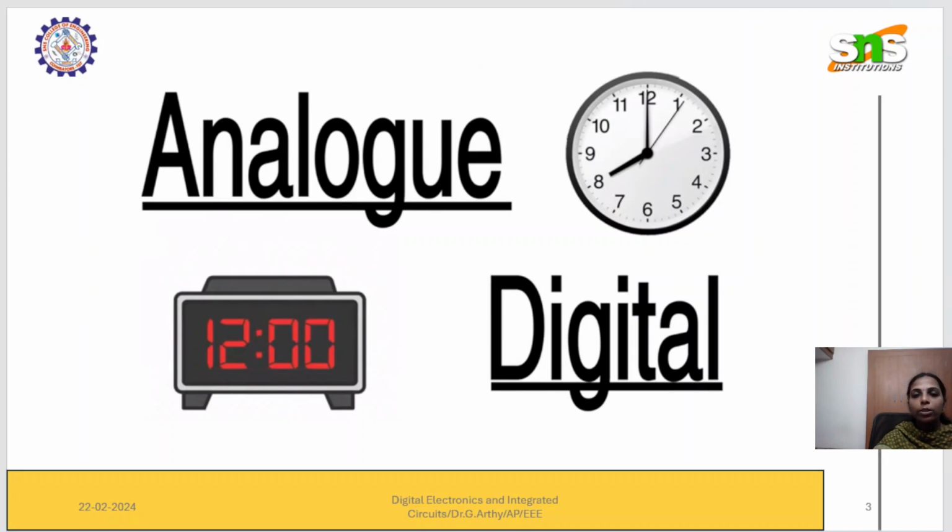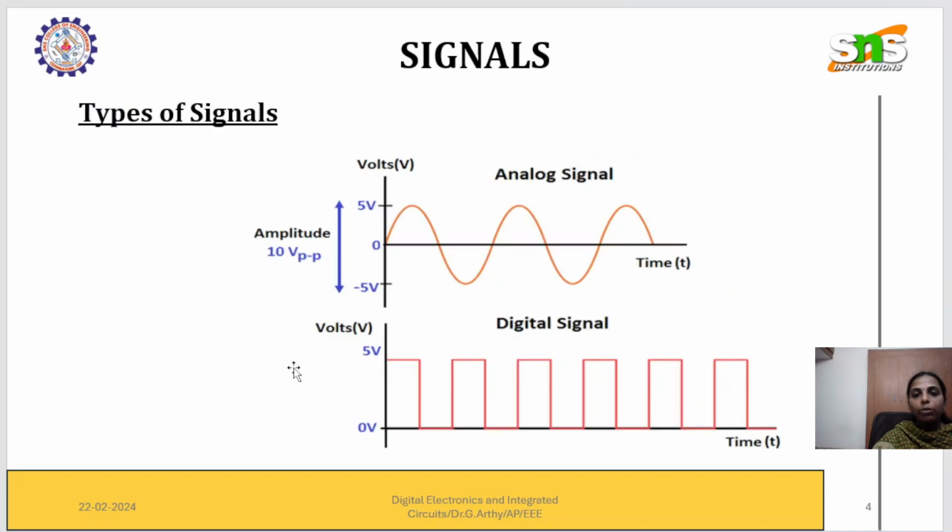So if you see these two clocks, the clock on the right side is an analog clock and this is a digital clock. So hopefully you might have understood what is analog and what is digital. Now if you see these two signals, this signal is an analog signal. It is continuously varying with respect to time. And this is a digital signal.